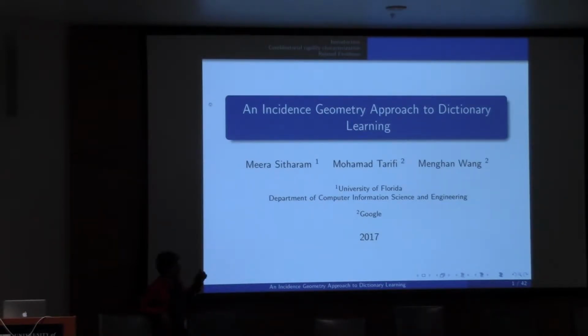And since then, machine learning has, of course, taken off. So recently, with two of my previous grad students, Mohammed and Menghan, we wrote a few papers on using core geometric methods to actually give provable bounds on machine learning.